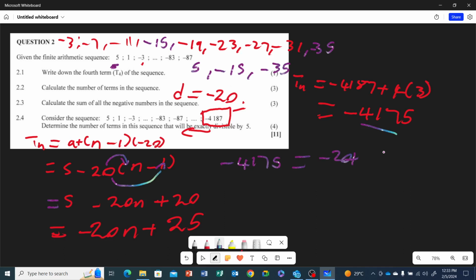Now we need to transpose this 25 to that side, it becomes negative. So we are going to have minus 4200, which equals minus 20n.